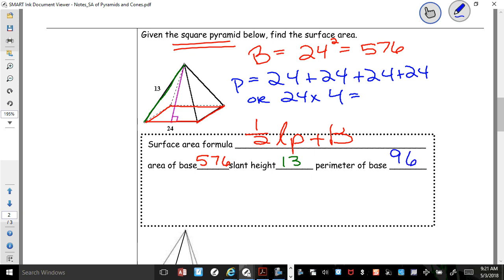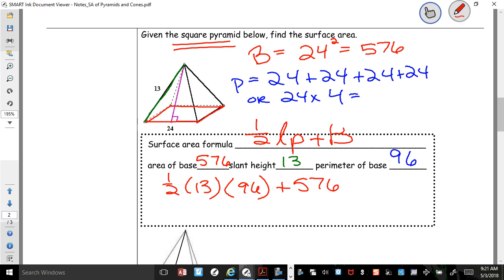All right, so now we just have to plug it in. And we're going to get 1/2, slant height is 13, perimeter is 96, plus the area of the base. So in your calculator, just do the left side for me first. 1/2 times 13 times 96.